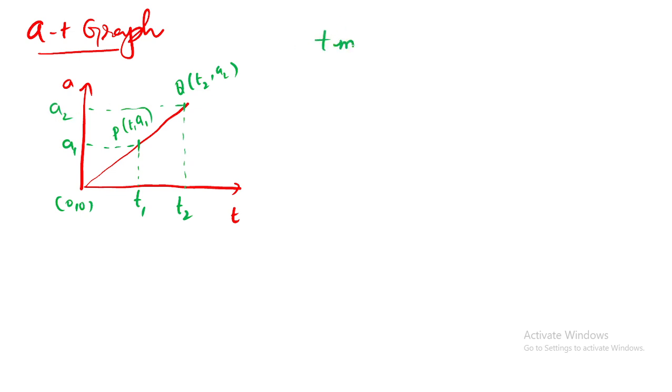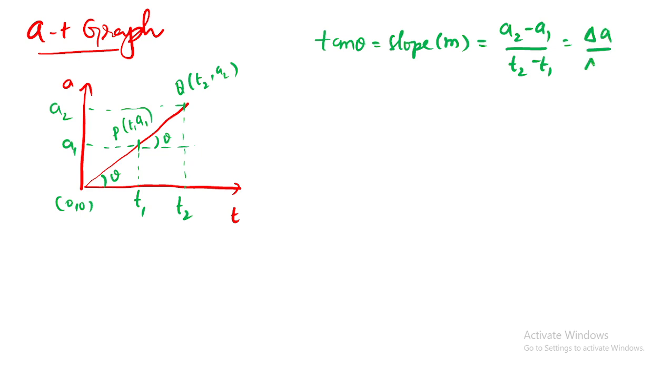Same tan theta or slope M, which is equal to what here? Same angle here. The angle was same. Am I correct? So what I'll get is A2 minus A1 divided by T2 minus T1, delta A divided by delta T.